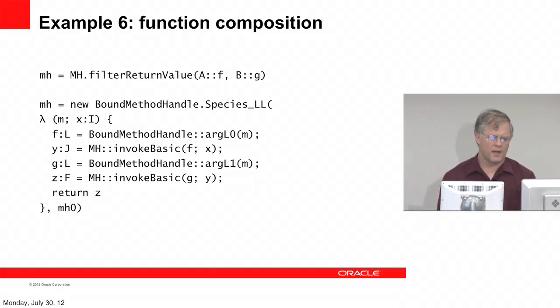That should be F and G, not MH0. Okay, in any case, you get it. We pick up the first function, we call it on the incoming argument, we save the value, then we pick up the second function, and we call it on the value and return that result. There are 4 temps there, and you'll notice the expressions are of various kinds. A couple are for data structure access, and a couple are for delegating to other pieces of behavior elsewhere.